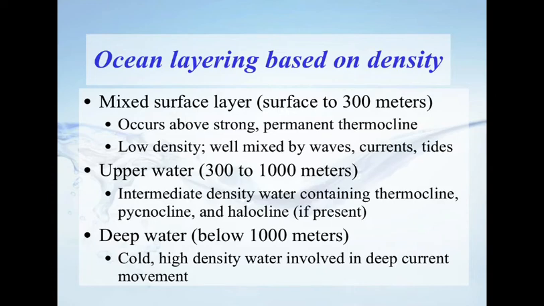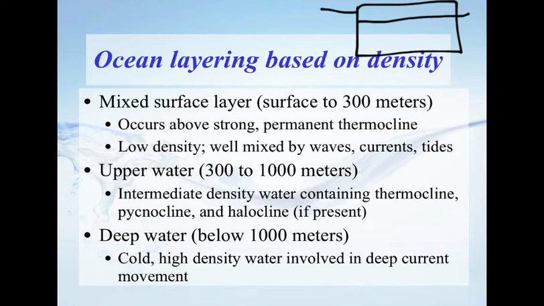Sometimes within the mixed layer there will be a smaller seasonal thermocline, not always, but the strong permanent thermocline is the bottom of the mixed surface layer. So far we're making a 3-layer cake. And this is going to be a horrifically bad drawing.